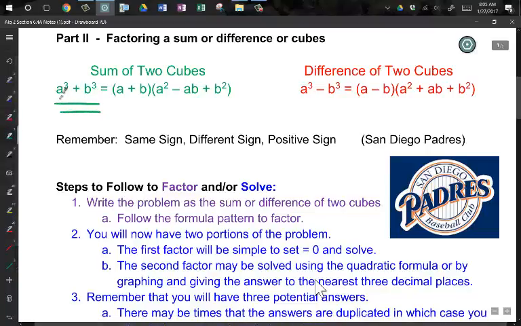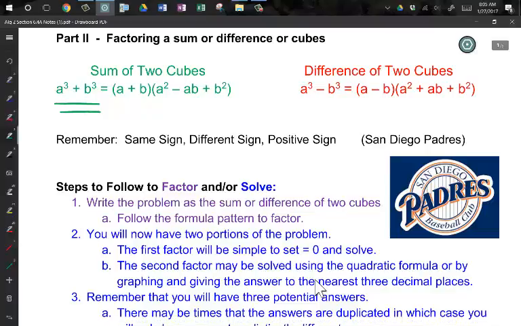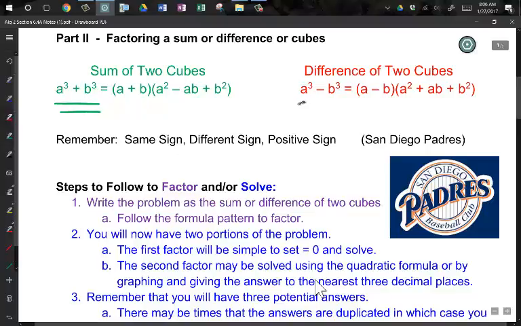If it's a cubed plus b cubed, it ends up being the factors of a plus b as the first factor, and then the second factor is kind of unique: a squared minus ab plus b squared. And then for the difference of 2 cubes, over here, we have a cubed minus b cubed becomes a minus b, and then a squared plus ab plus b squared.